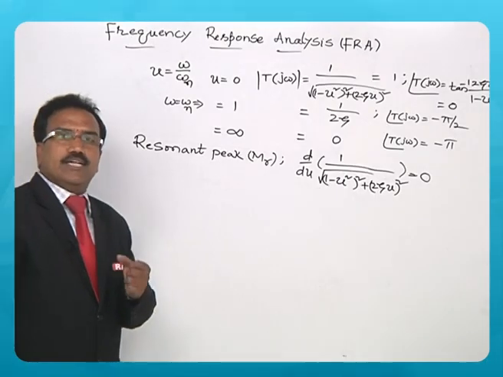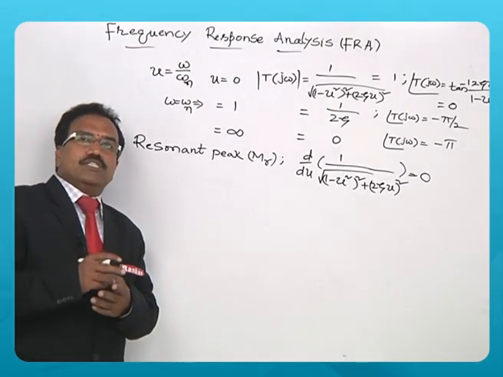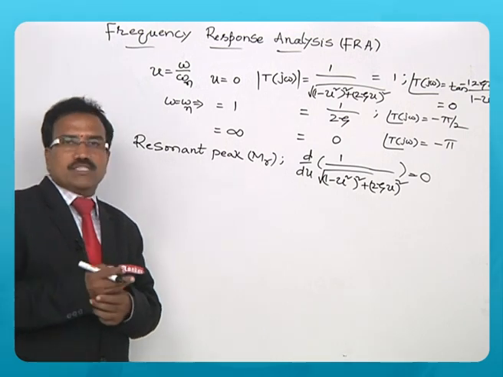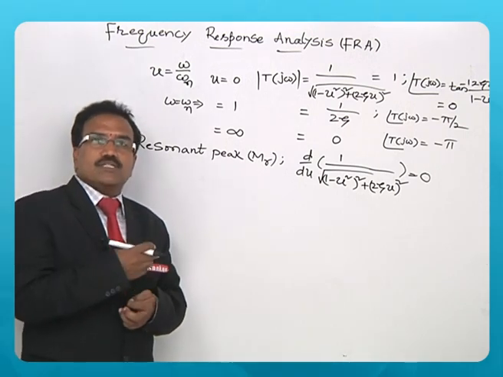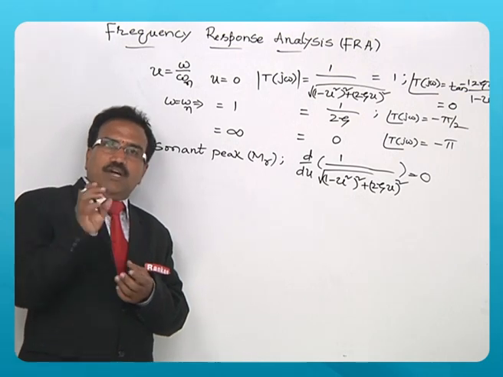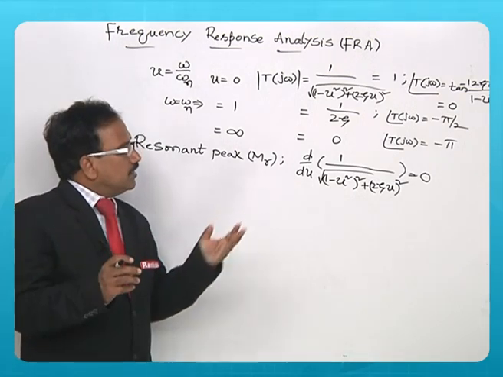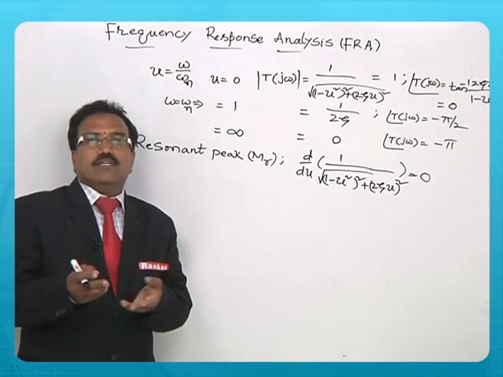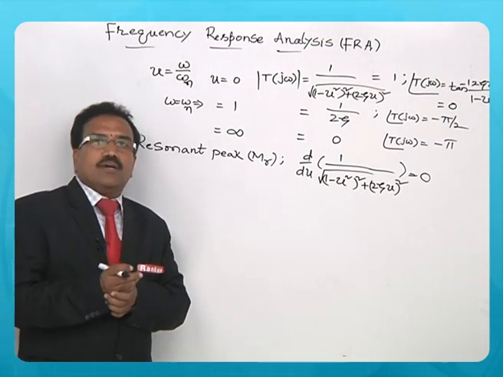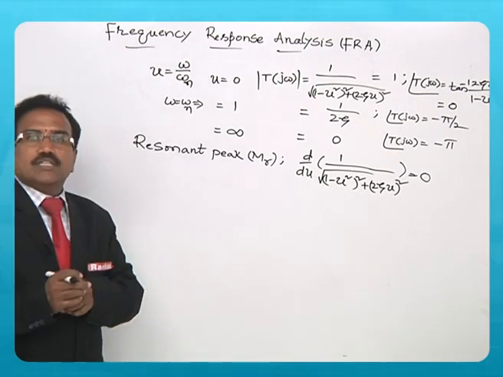So I get the frequency at which the magnitude is maximum, and I will substitute that value of frequency in the magnitude expression to get the resonant peak, or the maximum value of the magnitude.